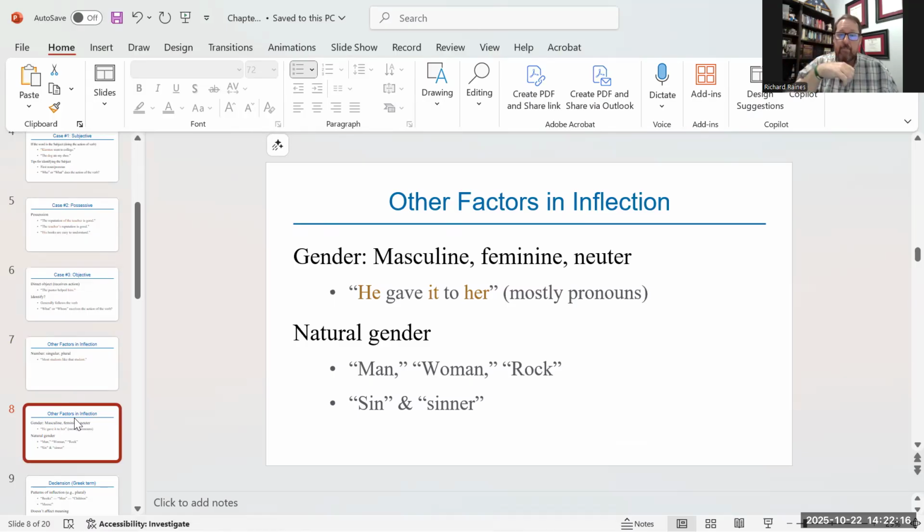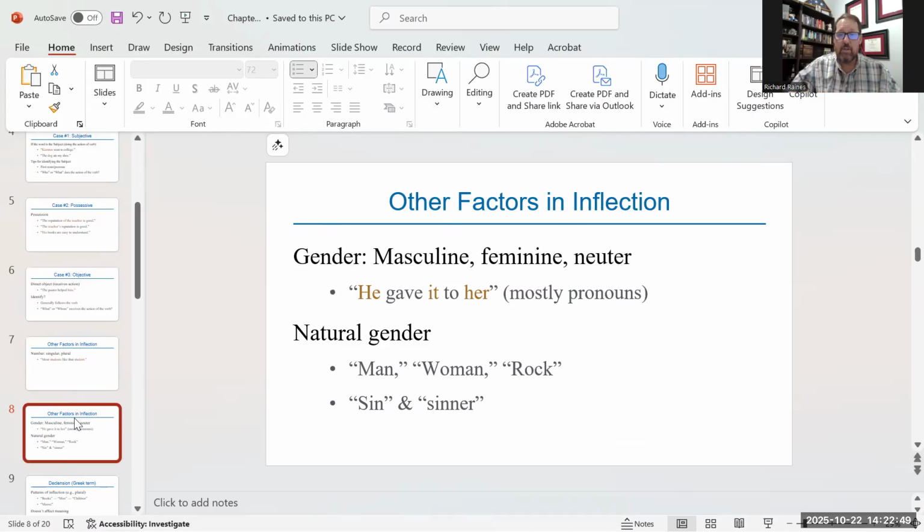For instance, the word man would be masculine. The word woman would be feminine. And the word rock would be neuter. But sin and sinner might fall under either of those three categories, not necessarily related to gender. So gender in language and gender as it refers to human sexuality is not an exact one for one.